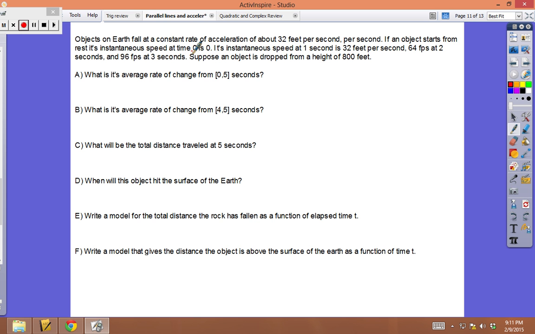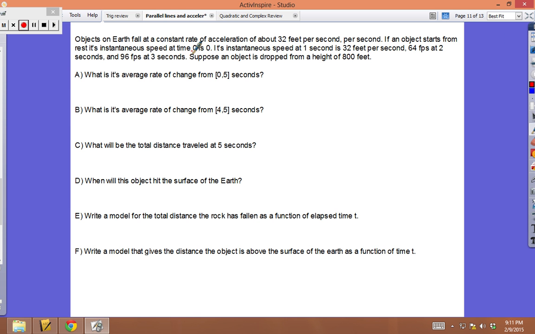Okay, another problem. This is on Earth. The gravity causes objects to accelerate 32 feet per second every second. So same type of problem. What's its average rate of change from 0 to 5? At 0, it's going 0. At 5 seconds, I'm going to do 5 times 32, and that speed is 160. Now distance is rate times time, but because my rate is changing, I'm going to use the average rate.